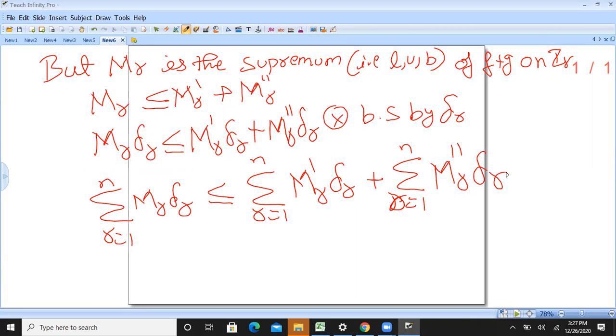So by this value we can say that this whole term is equal to U of P comma f plus g.